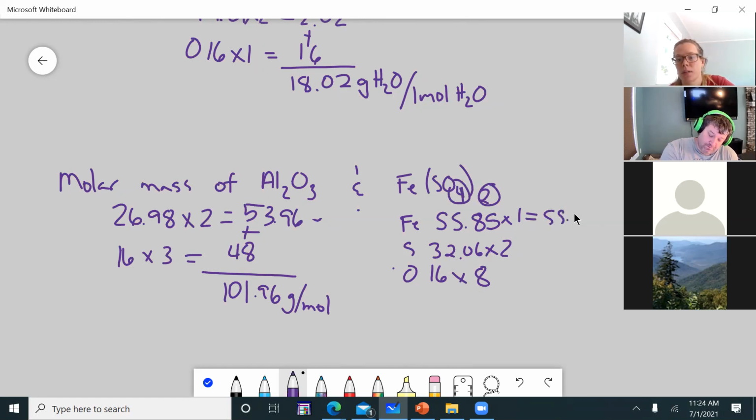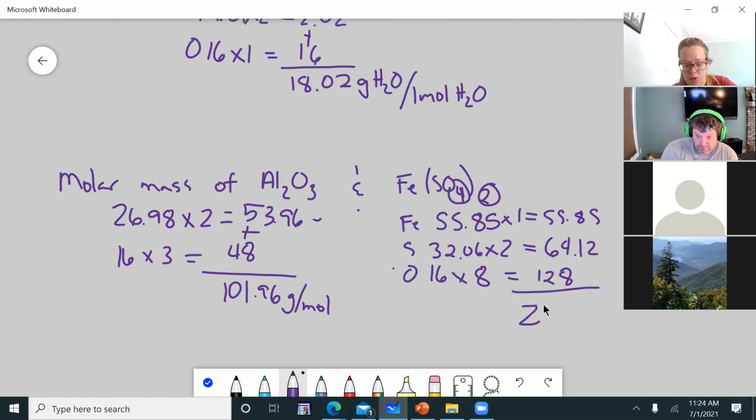So we get 55.85, 32.06 times 2 is 64.12, and 16 times the 8, 128. We get 247.97 grams per mole.